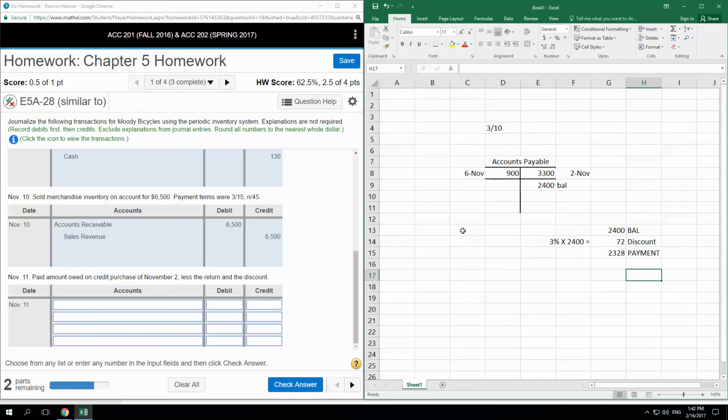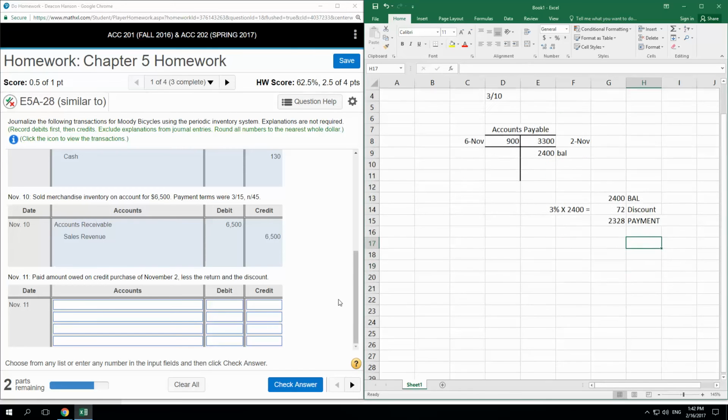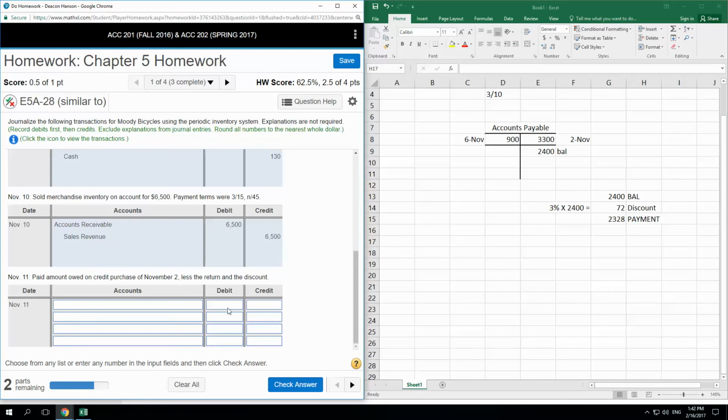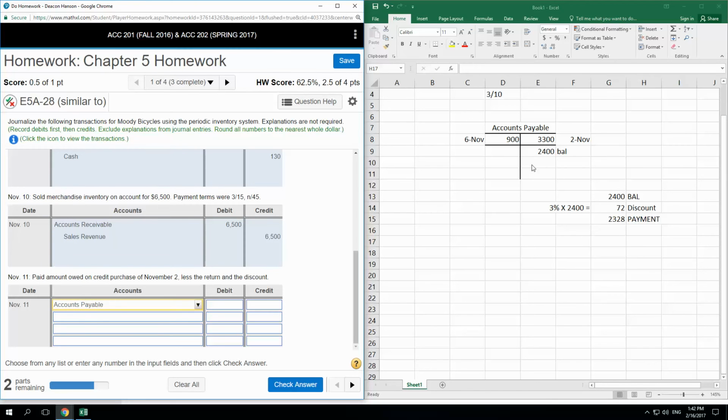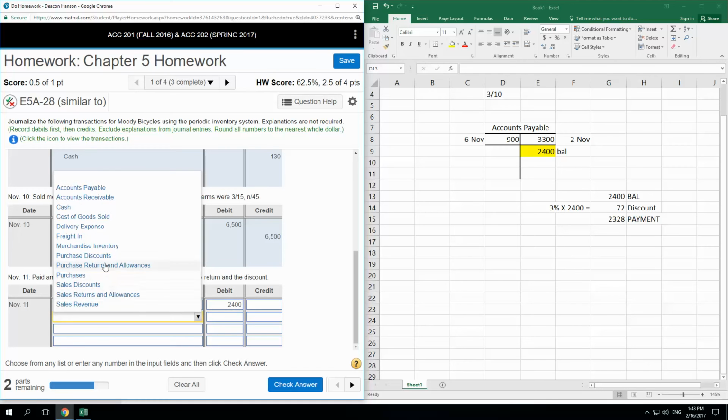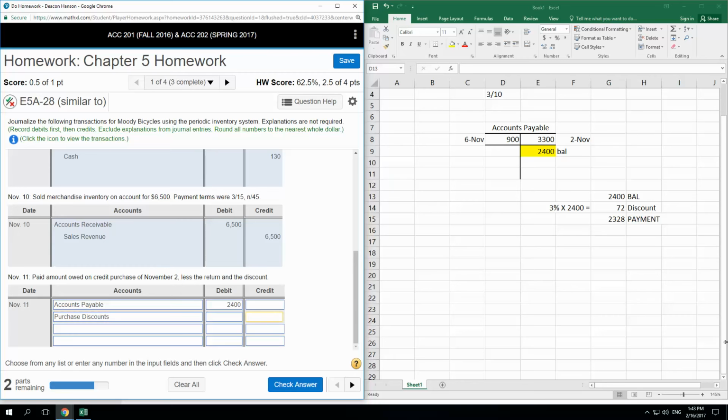Okay? So when you pay within the discount period, you're going to go ahead and relieve the accounts payable for the full amount. So 2,400 is going to go away because we're basically paying it off. Now, the discount amount is going to go to an account called purchase discounts. If we were doing the perpetual system, we would have labeled this directly to merchandise inventory.